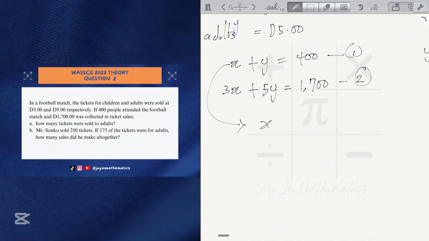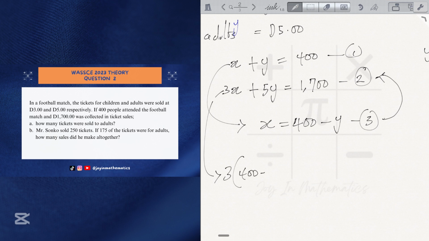We can say let X be equal to 400 minus Y from equation 1, and we'll call this equation 3. Now let's substitute equation 3 into equation 2. Wherever we see X, we put 400 minus Y, so 3 times (400 minus Y) plus 5Y is equal to 1700.